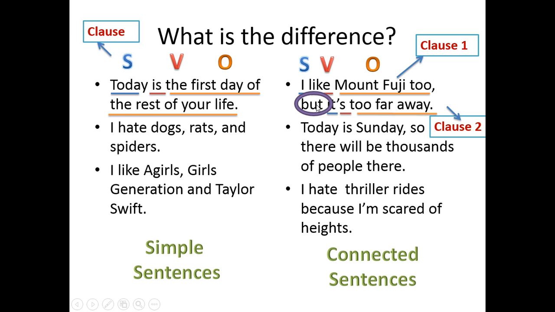But quite different from this connected sentence, we can see that in this simple sentence there is also a connective and, but this is a simple sentence because there is only one verb here, one clause.